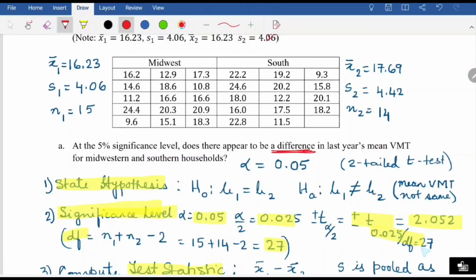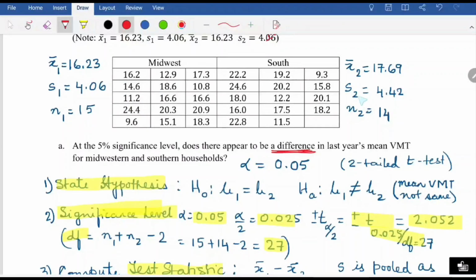Now, what is the df here? The df equals 27. So what is the formula for df in a pooled test? df equals n sub 1 plus n sub 2 minus 2. That should also be in the formula sheet. This is a pooled test that we are using because the standard deviations are very close.